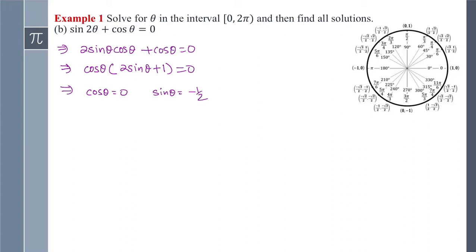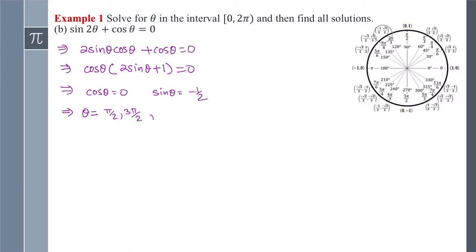Now we know that cosine theta is 0 at pi over 2 and at 3 pi over 2. So from the first one, we get theta equals pi over 2 and then 3 pi over 2. Now from the second one, we have sine theta equals negative 1/2. Sine theta is negative in the third and fourth quadrants.